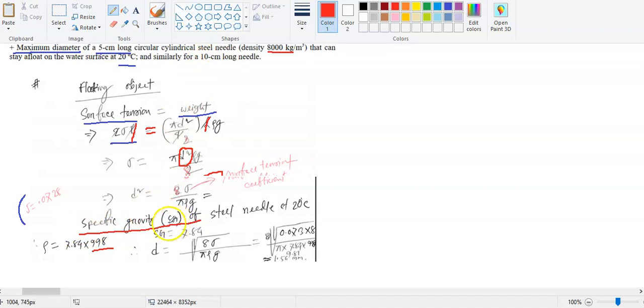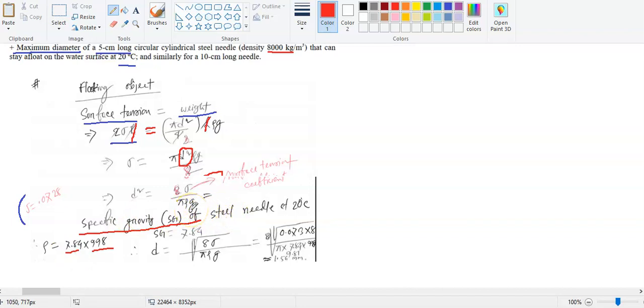So on the water surface, if the density is not given, the density will be equal to the water density multiplied by the specific gravity of the material, which is the steel needle here.